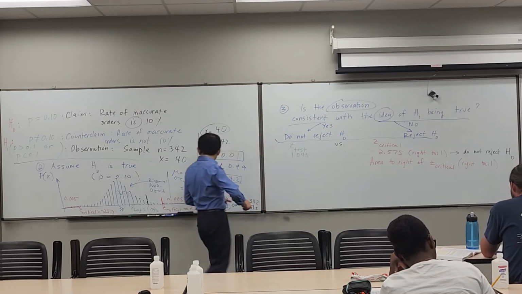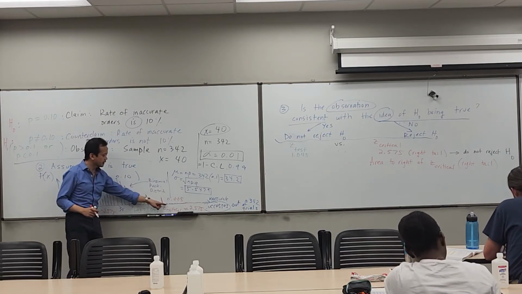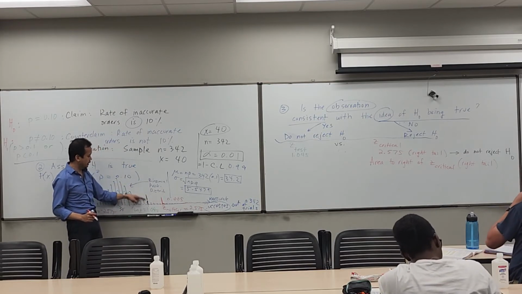And because we're comparing the area to the right of z-critical, now, analogously, we're also going to compare the area to the right of z-test.